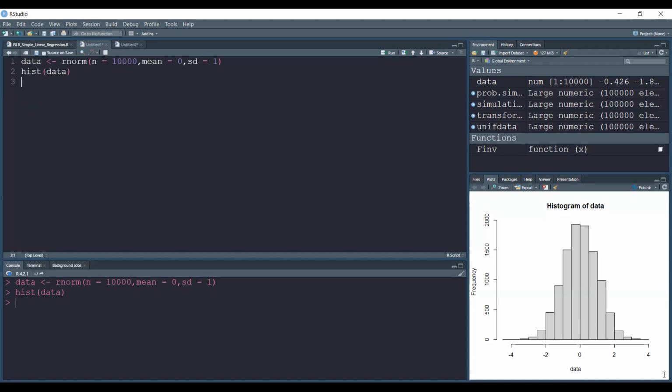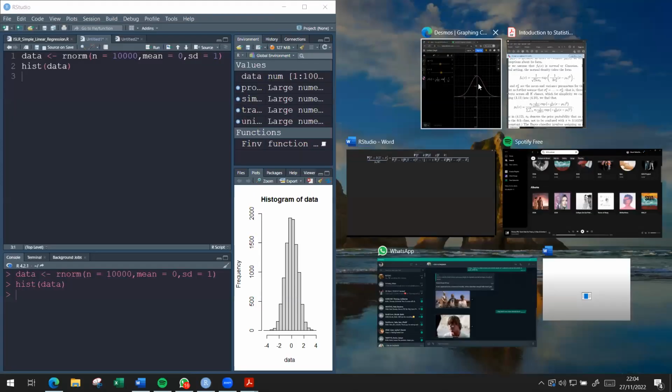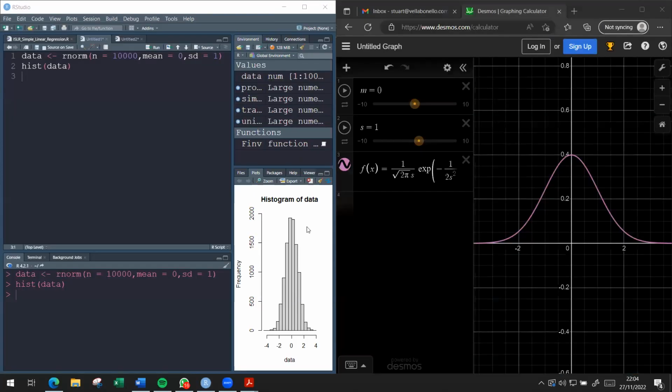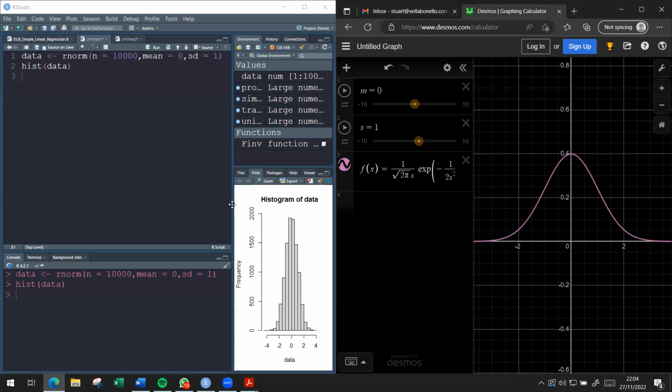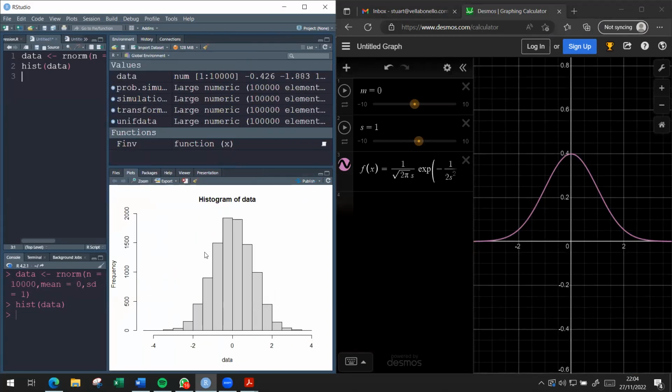What I have in Desmos, can I put them maybe side by side? What we have in Desmos over here, the pink. Actually, shall I scale the histogram?